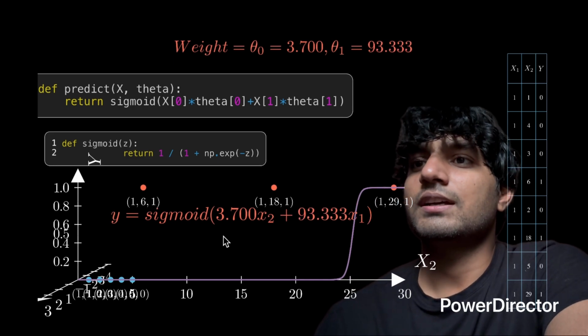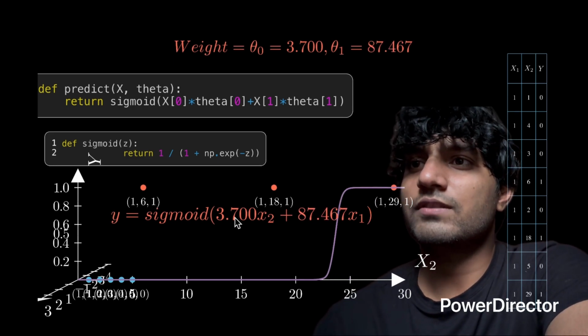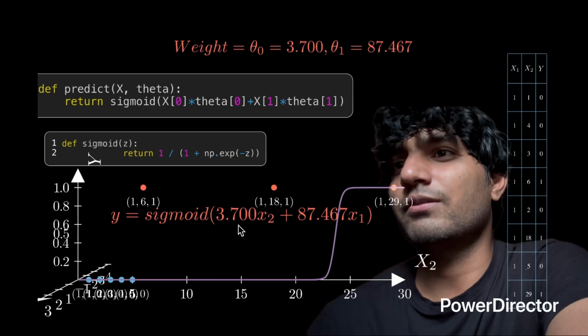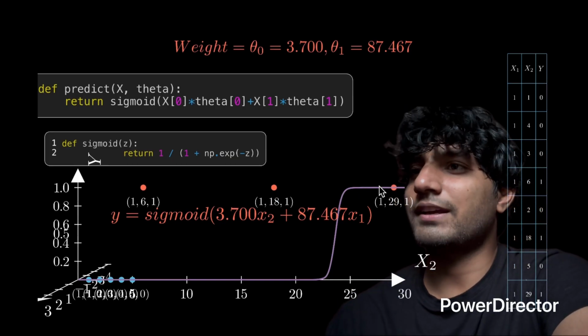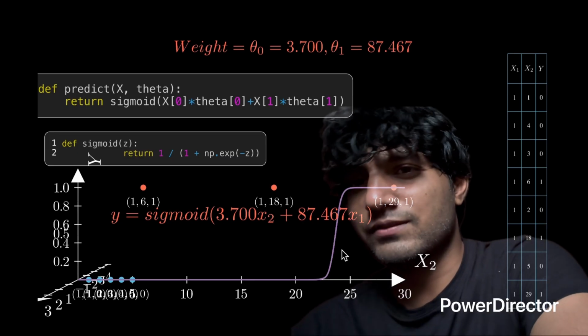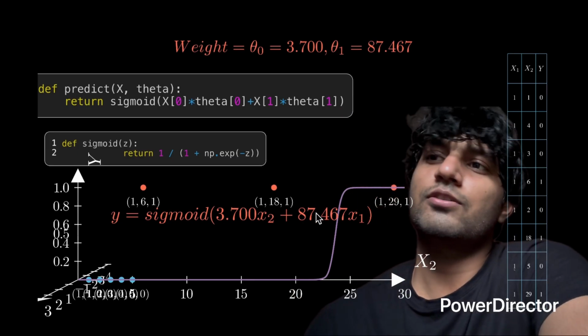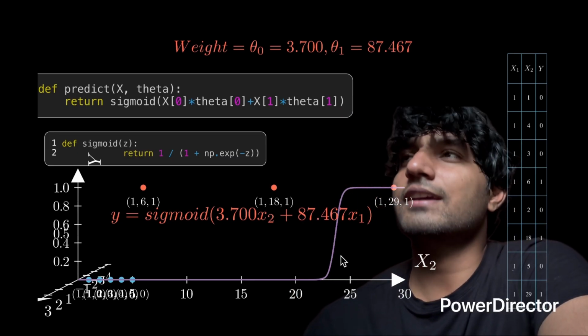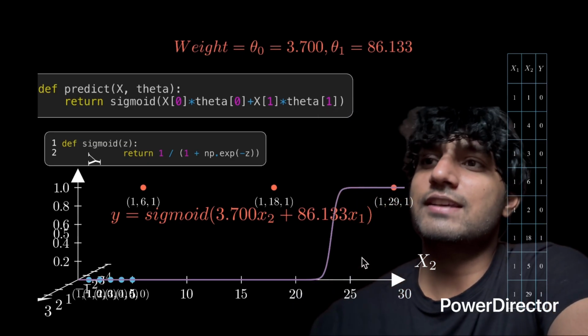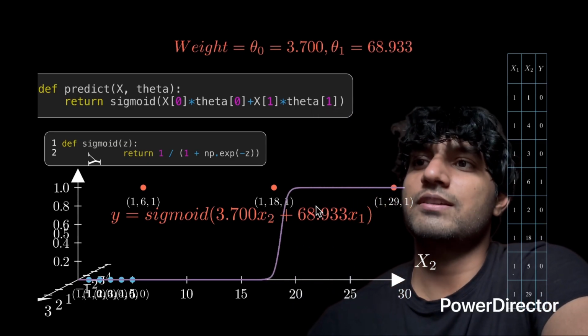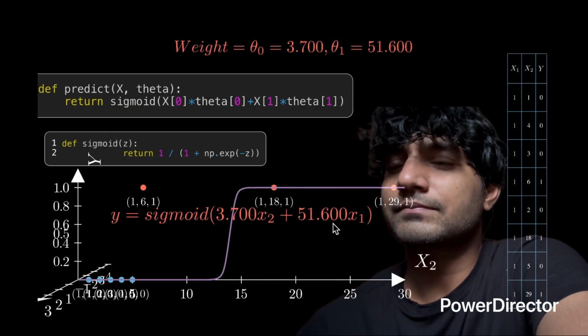One of the thetas here, the weight, you can think of as being used to find how much to curve, like what the angle of this curve is. Another thing you can think of is placing it, just like we have intercept values, the same way you can place where this curve should sit.